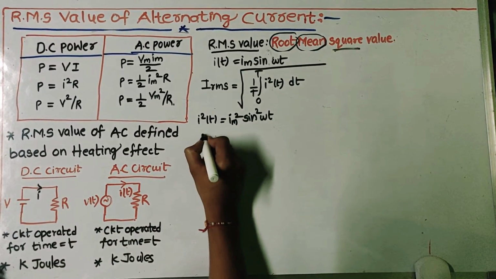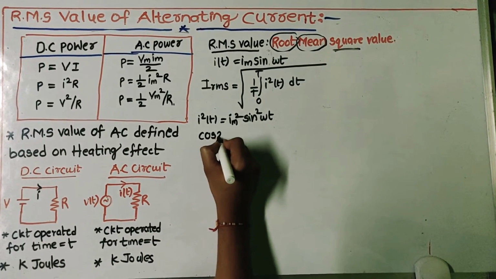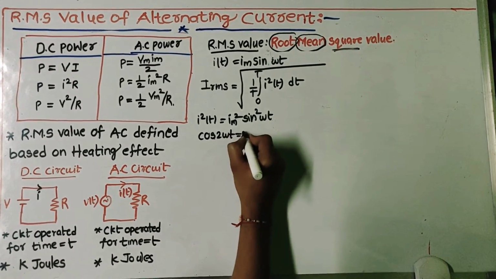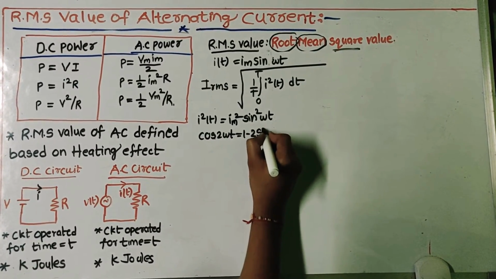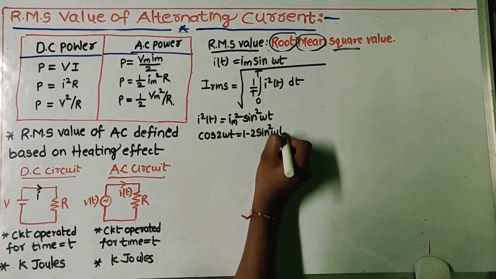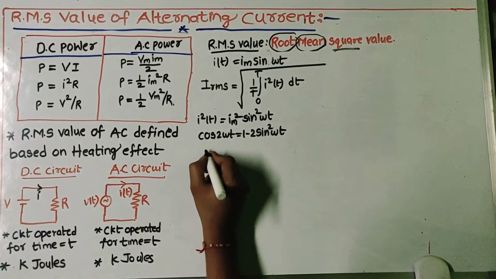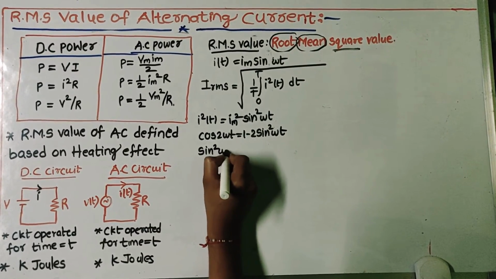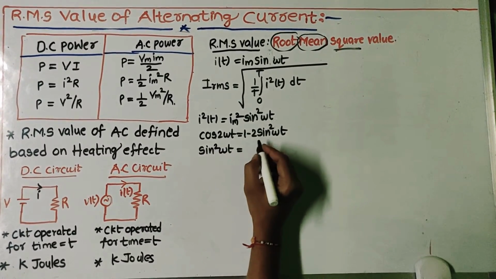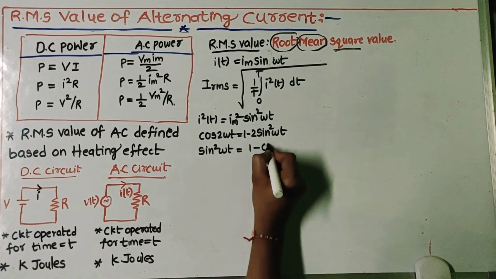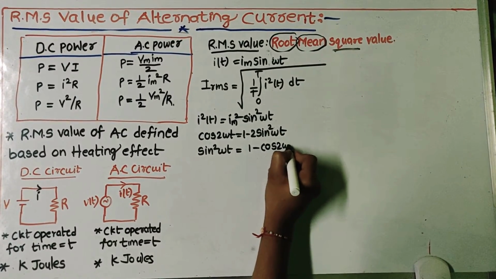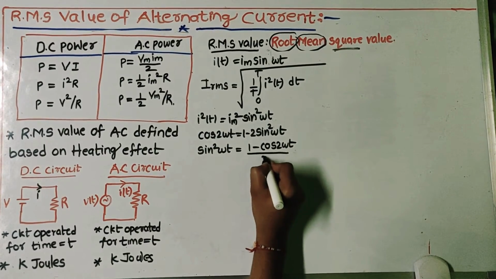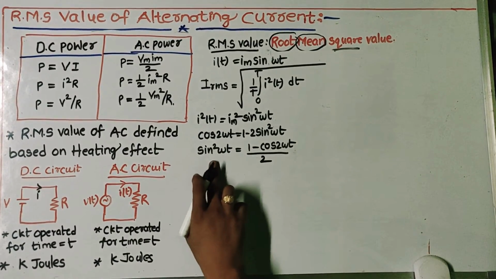So we know that cos 2 omega t equals 1 minus 2 sin square omega t. So I'll write sin square omega t equals 1 minus cos 2 omega t by 2.